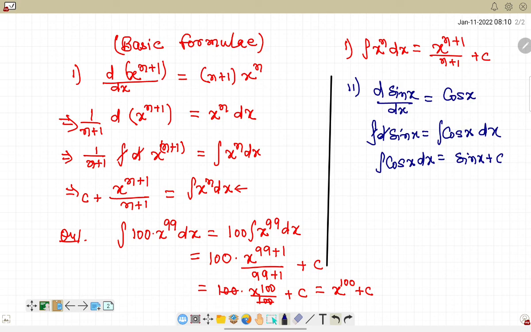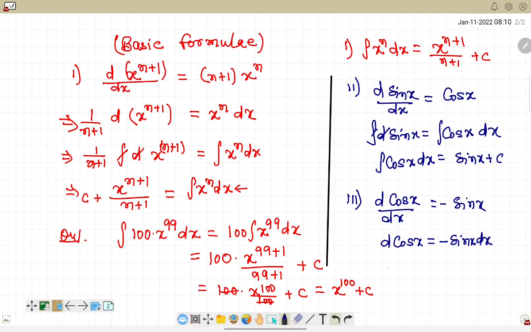So this is the third formula. Similarly, we can find the value for the third one. We know differentiation of cos x with respect to x is equal to minus sin x. So now we can write d of cos x is equal to minus sin x into dx.